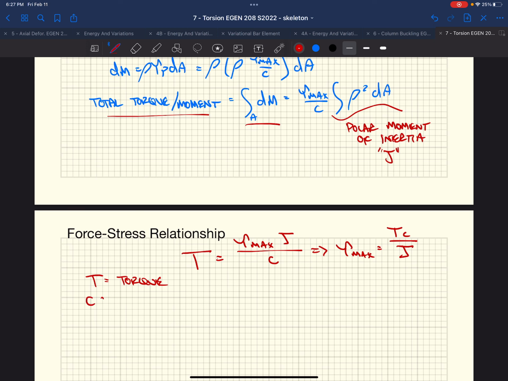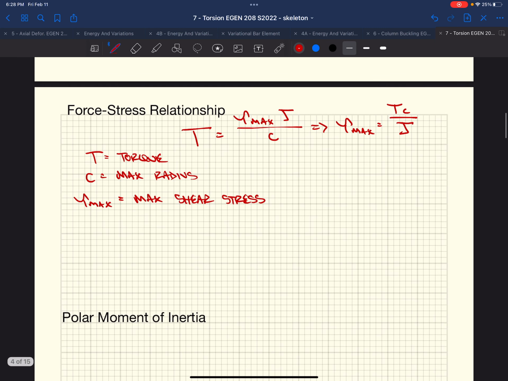We have c equals max radius. We have tau max, which is the maximum shear stress. J equals polar moment of inertia.